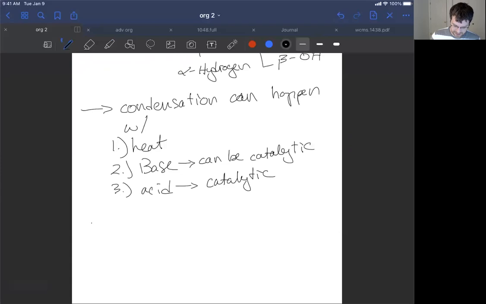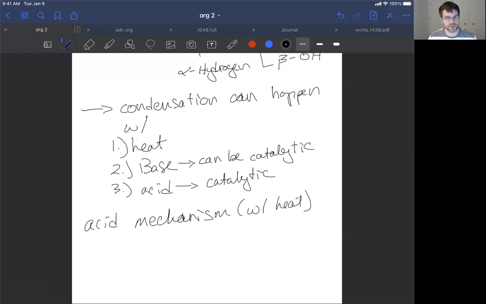Let's do the acid mechanism first, and this really is the one that occurs with heat. Typically when you try to force this to occur with heat, you can do it with base or acid, but let's just do acid and base conditions for this class. The heat will get wrapped up in the acid conditions.